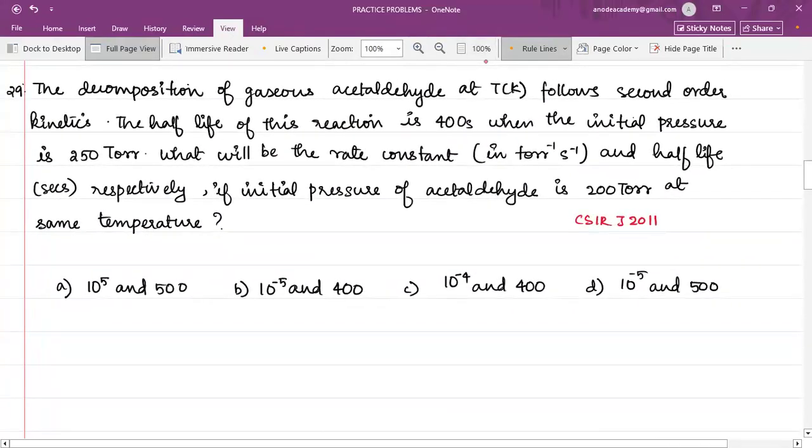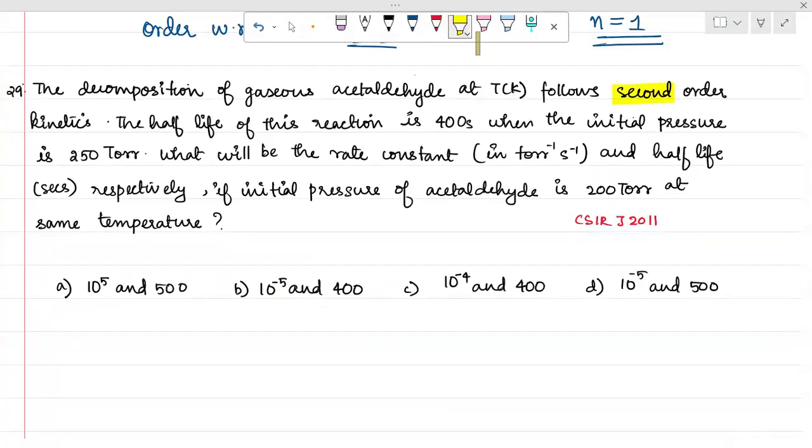The decomposition of gaseous acetaldehyde at temperature given in Kelvin follows second order kinetics. Second order kinetics. The half-life of this reaction is 400 seconds when the initial pressure is 250 torr.